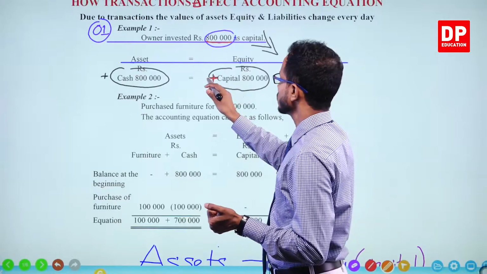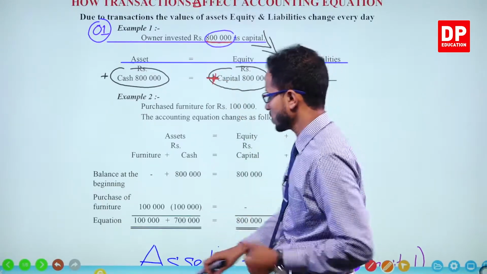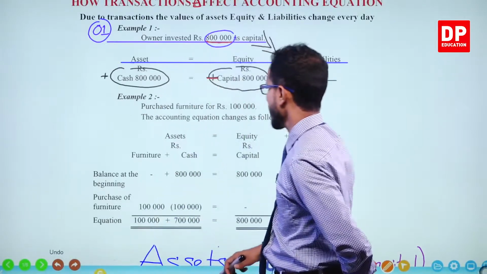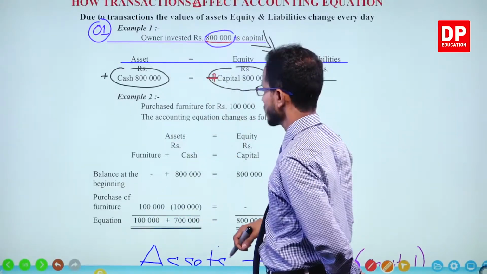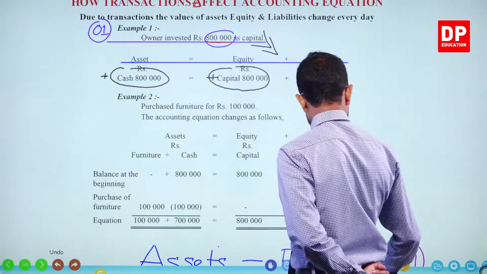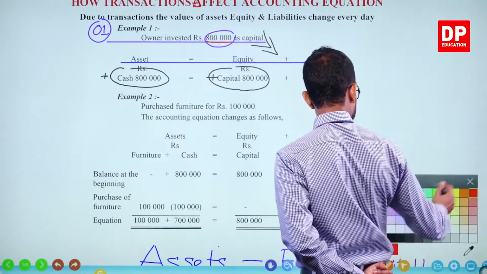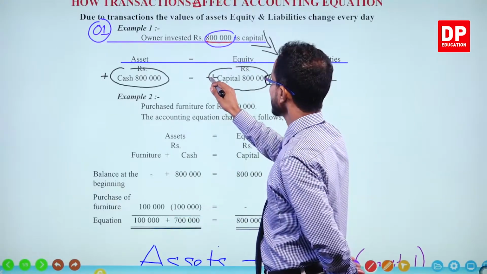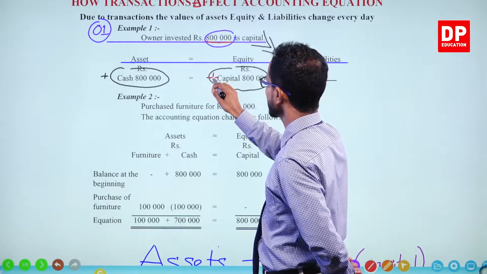How do you put a plus mark? Why do you put a plus mark there? You should put a minus mark. That's what students ask. Why do you put a plus mark here, sir? You should put a minus mark.